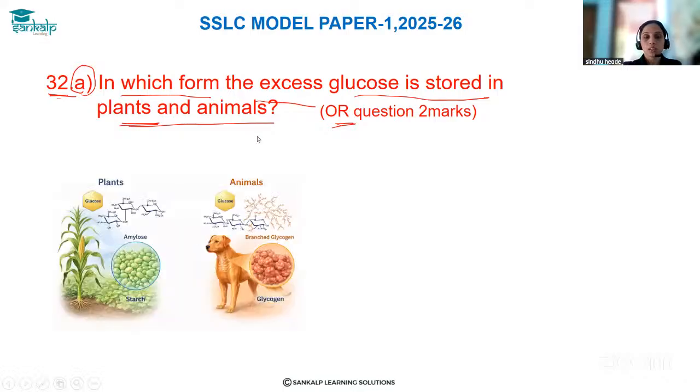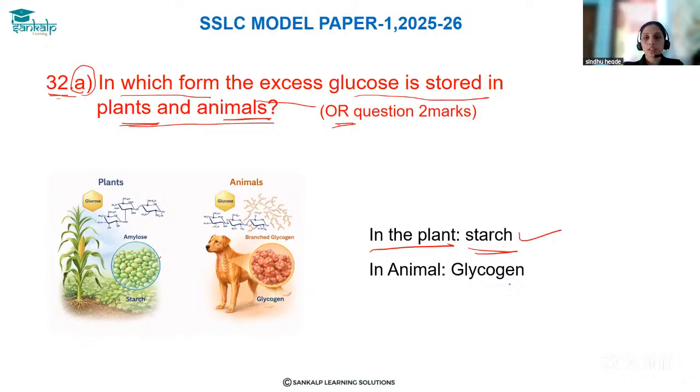So, see, in plants, this excess glucose is stored in the form of starch, and in animals, this excess glucose is stored in the form of glycogen.